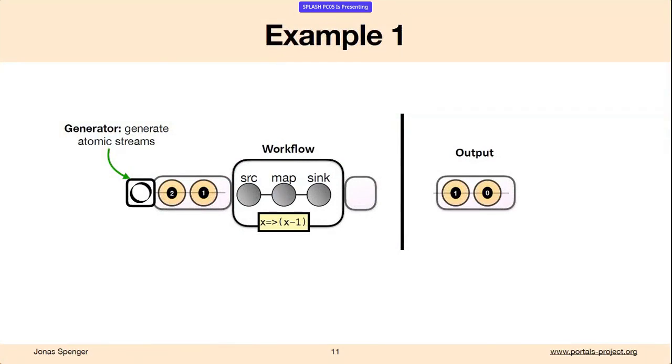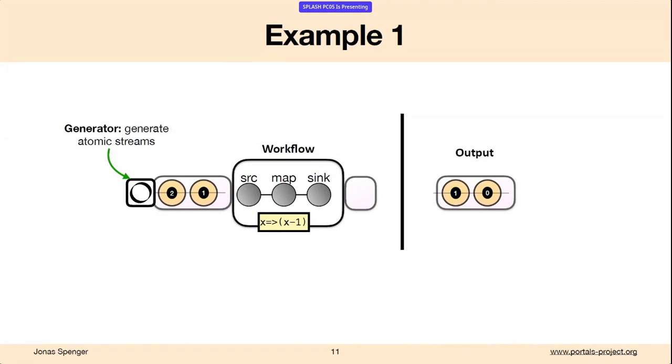The first example, I hope the numbers are big enough, by the way, shows a generator. A generator can generate an atomic stream. We have two atoms here. An atom is this big yellow circle. The first atom contains the event 1, and the second atom contains a single event 2.